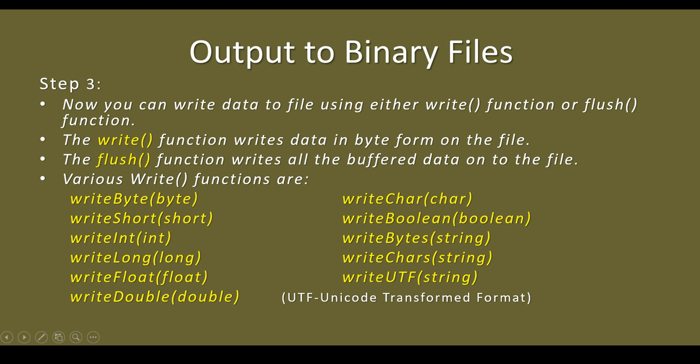You can see that the first word is all lowercase and the second word's first character is in caps, so you have to follow the same syntax. Next is writeLong to store a long value, writeFloat to store a float value, writeDouble to store a double value, writeChar to store a character value, and writeBoolean to store a boolean value.